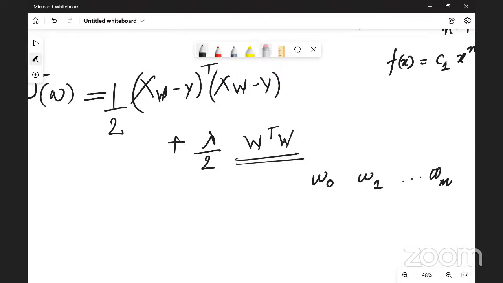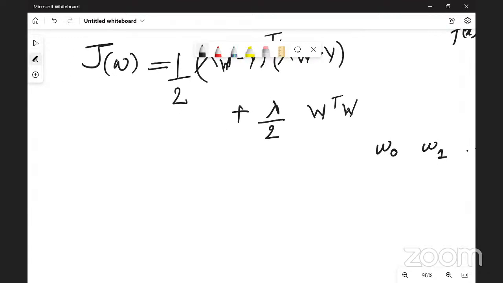Sir, this W0, W1 up to Wm is a vector quantity, and W transpose W is a scalar quantity. So how will this scalar quantity control the vector? Good point. When you differentiate it, it is going to become a vector. When I differentiate W transpose W, it will become a vector, yes.